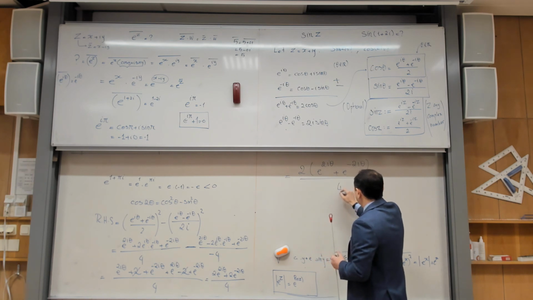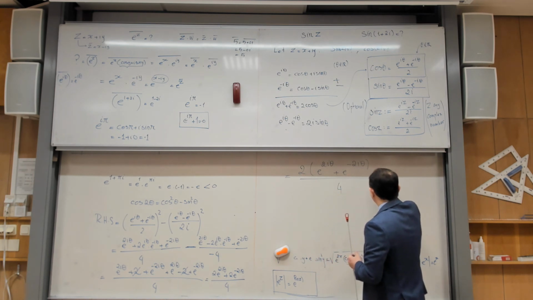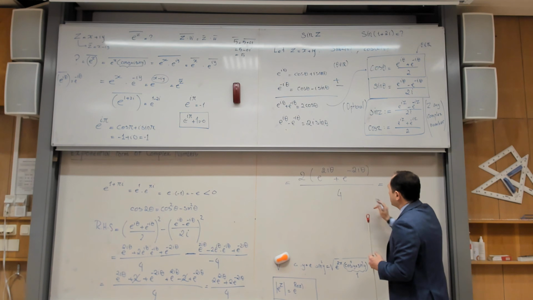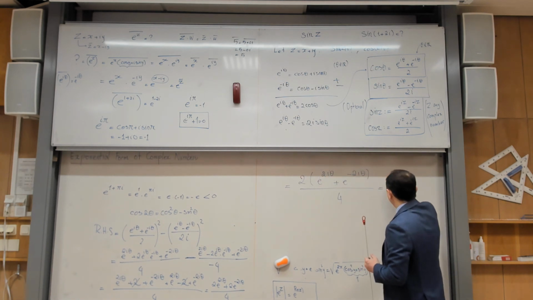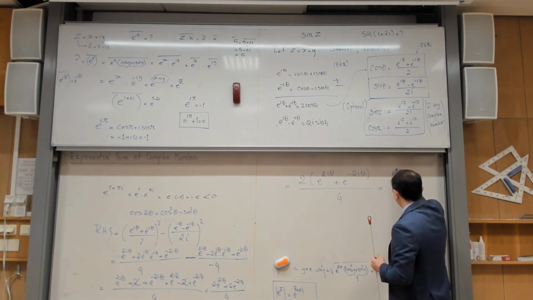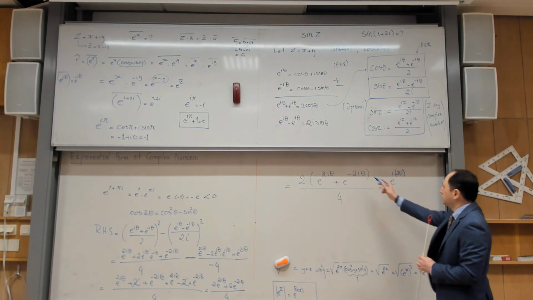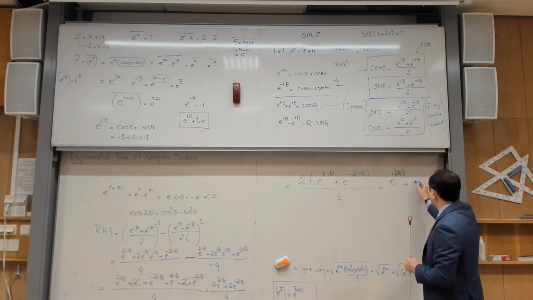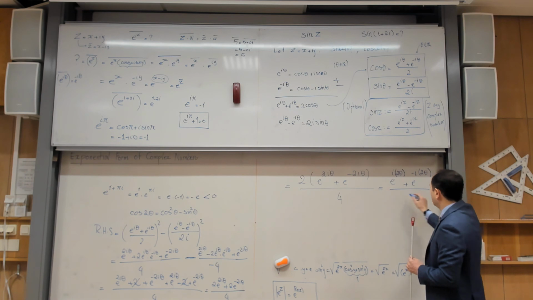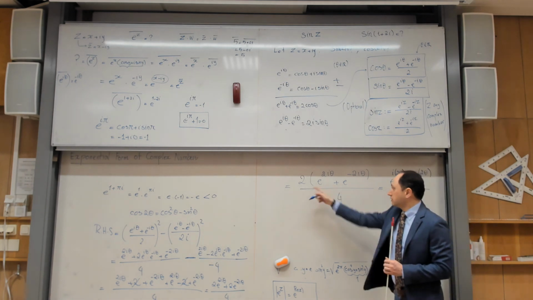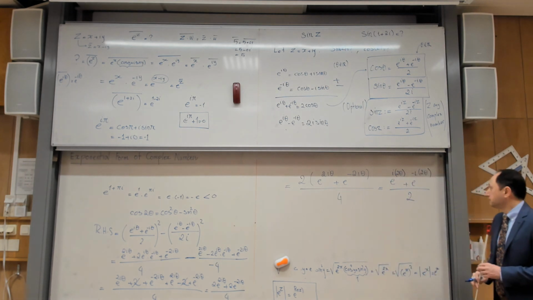But these 2 and that 4 are simplified. And if you don't mind, instead of writing 2i theta, let me write e to power i and then write 2 theta close together, okay? And I will do the same thing here. e to power minus i, 2 theta. And then instead of dividing by 4, I divide just by 2 because it has already been simplified.